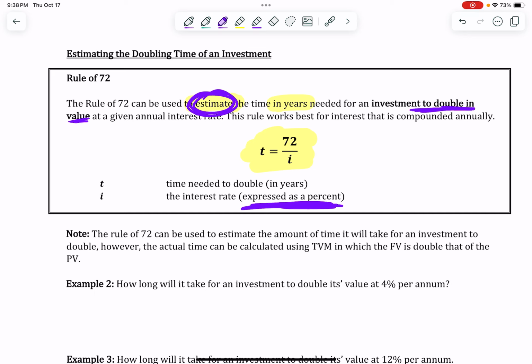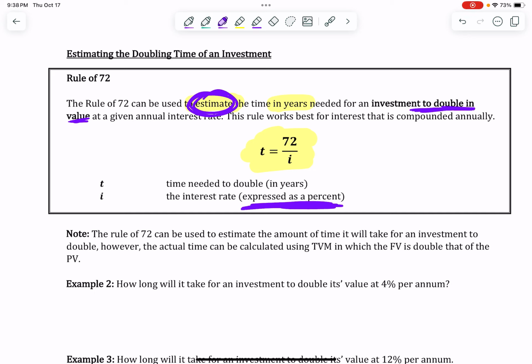Now, other things. This is an estimate. Everything that we've been doing before this can accurately calculate the amount of time it'll take for something to double, right?